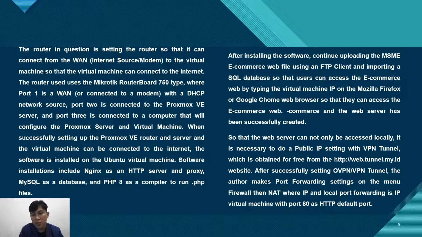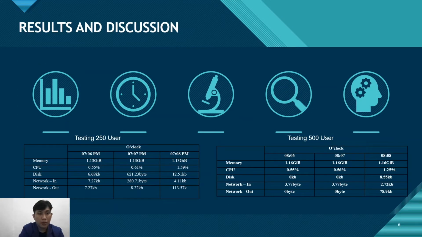After successfully setting up the OVPN tunnel, the author makes port forwarding settings in the firewall menu, then NAT, where the local forwarding IP is the virtual machine IP with port 80 as the HTTP default port. Okay, next.